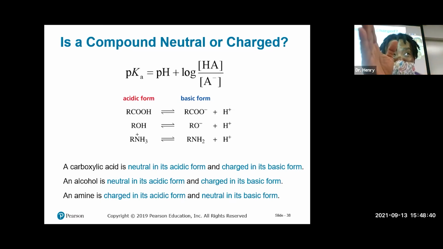Ammonia is a base and it has a neutral charge, whereas the ammonium ion is an acid, and it has a charge, right? It's the same thing with water: H2O has a neutral charge, but H3O plus is charged. Okay.